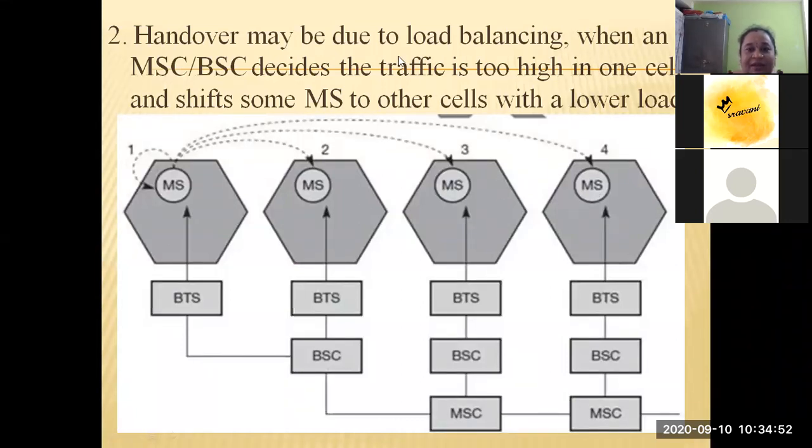I think I am clear. Are you clear about this handover? Is it okay for you how the handing over takes place, how you move from one Wi-Fi to another Wi-Fi, or from one network to another network, or from one BTS to another BTS in the same network? What is the handover or the localization?